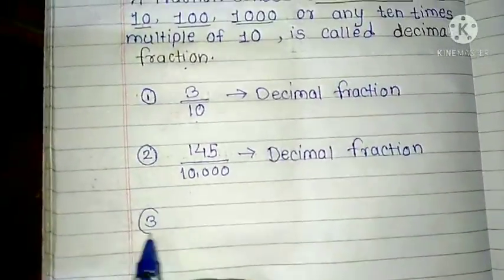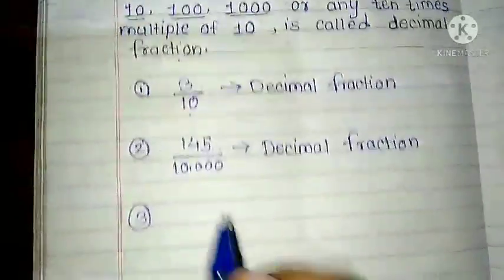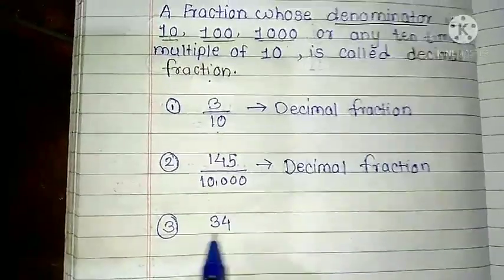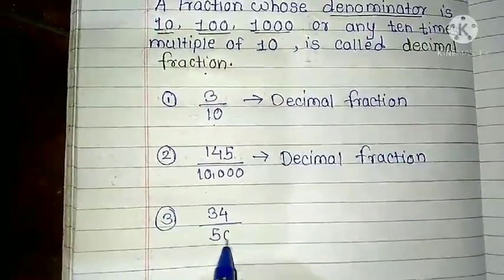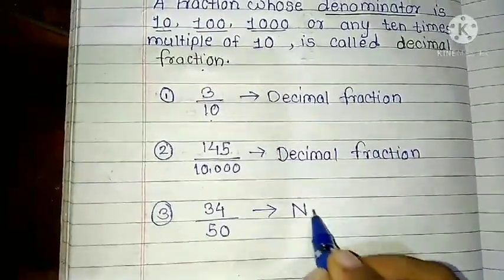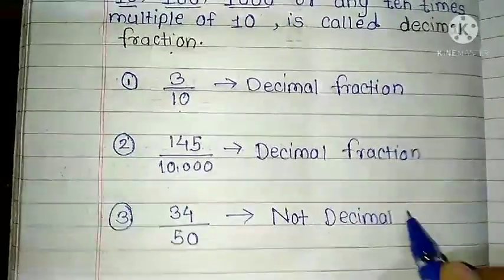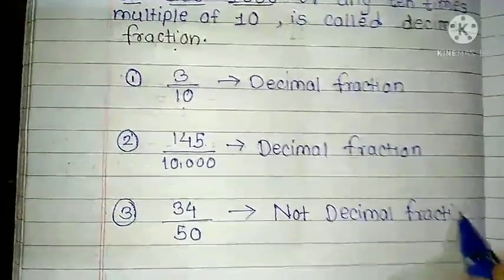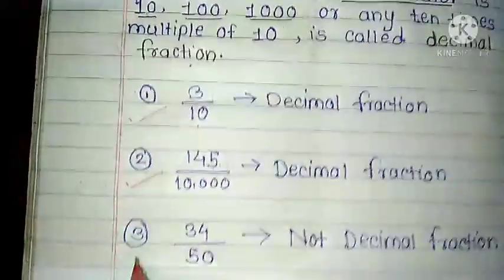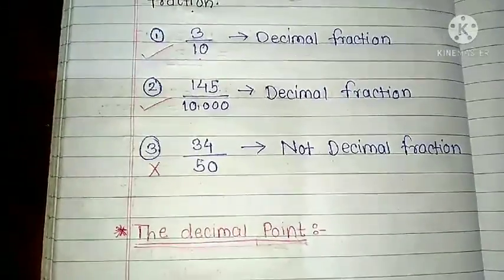We have a condition: the denominator must be a multiple of 10, 100 or 1000. So I write 34 upon 50. Is it a decimal fraction? No, not a decimal fraction. This is a decimal fraction, this is a decimal fraction, this is not. In this way you can easily identify a decimal fraction.